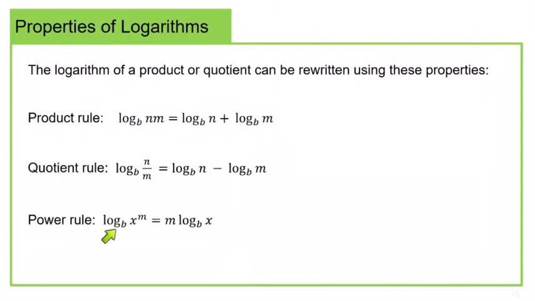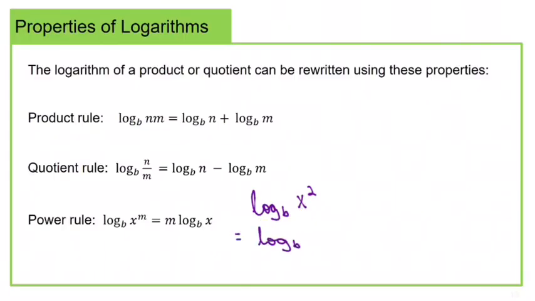And the power rule says that log base b of x to the m is equal to m times log base b of x. Now, this looks a little bit surprising, but it's really just an extension of our product rule. Let's replace the m with a 2. So let's look at log base b of x squared.